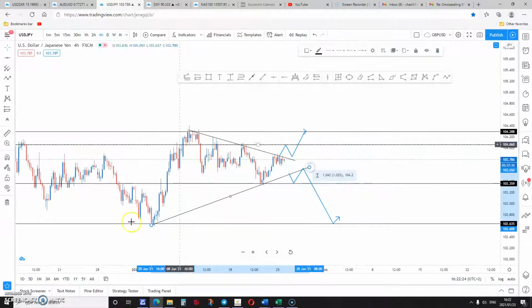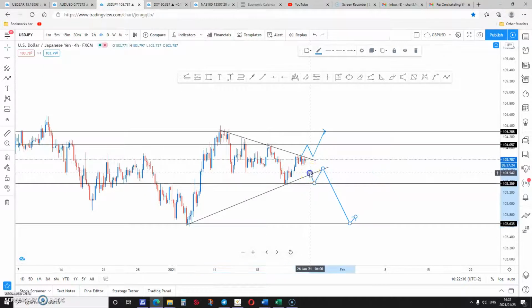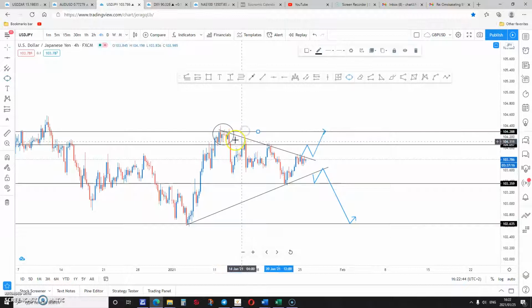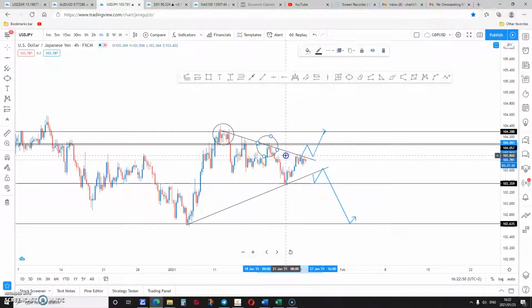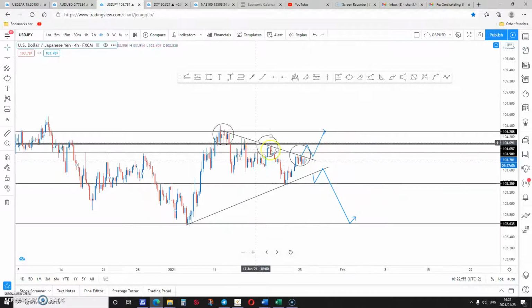So if we look at this bit of action here, you look at what your confluences are that you're looking for, and based off of that you execute the trade. So yeah, I can already see we have 3 touches there. So 1, 2, 3. We had a push up, we had a bit of a pullback now, which formulated a bit of a pennant structure.